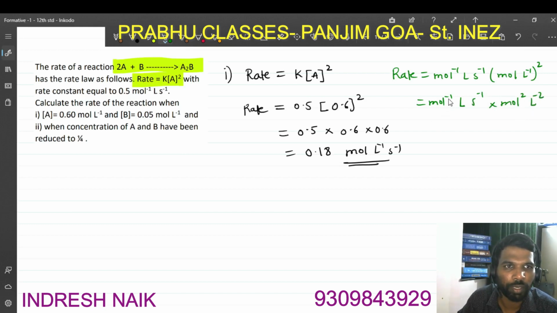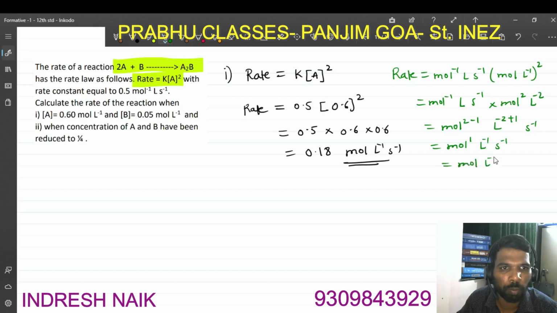So this will be mole raised to 2 minus 1, liter raised to minus 2 plus 1, and per second. So what remains over here? Mole raised to 1, liter raised to minus 1, and per second. So what is this? Moles per liter per second. Okay, so this is the answer.